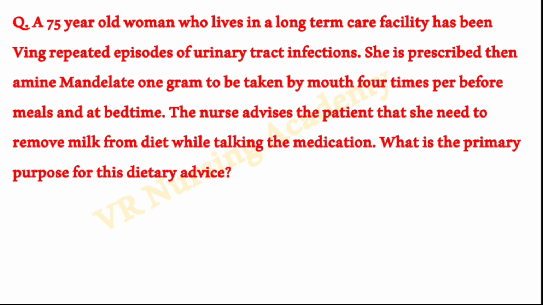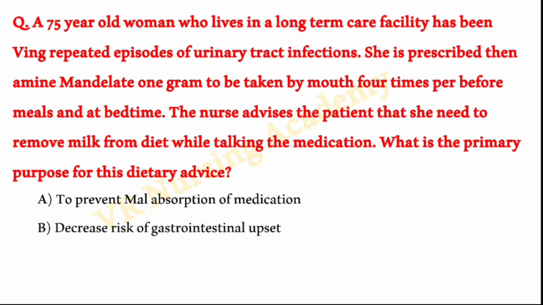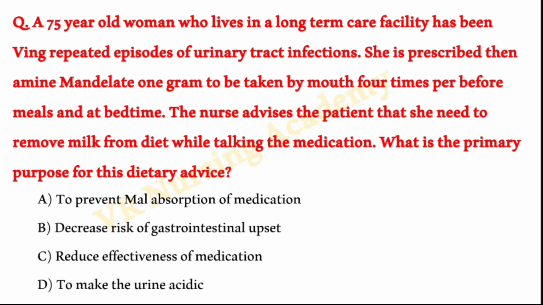What is the primary purpose for this dietary advice? Option A. To prevent malabsorption of medication. B. Decrease risk of gastrointestinal upset. C. Reduce effectiveness of medication. D. To make the urine acidic. Which correct answer is? D. To make the urine acidic.